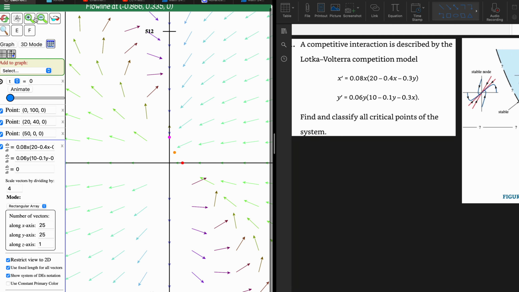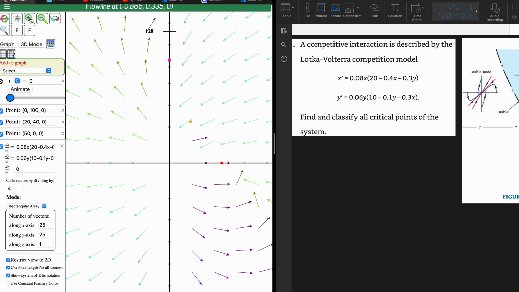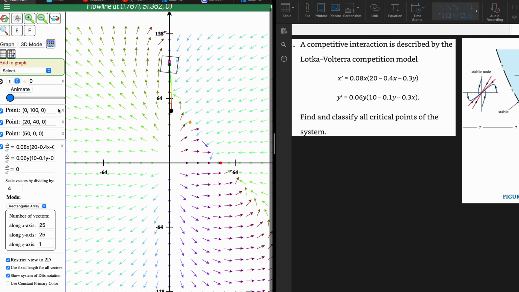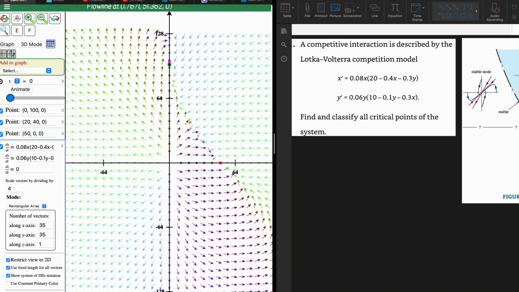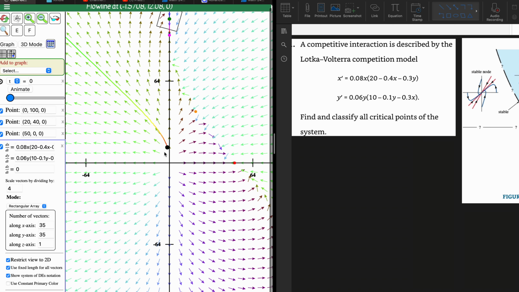Maybe you want to zoom in. Well, if we zoom in, then we might want a little bit more arrows. So let's say 35 and 35 arrows. Now we have these critical points. This one definitely looks like an unstable critical point.